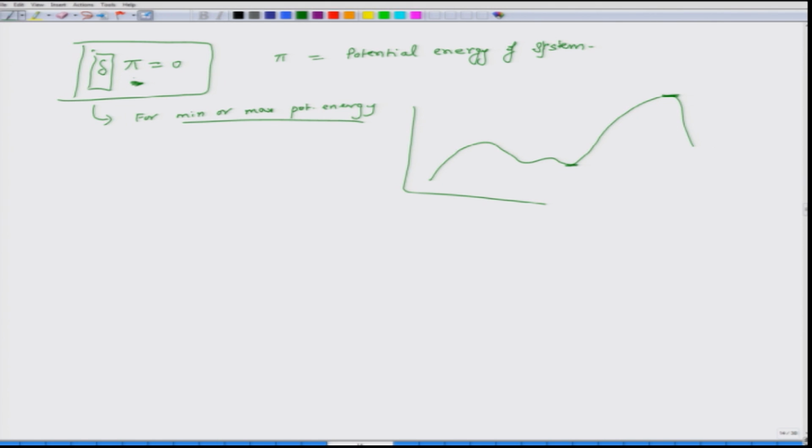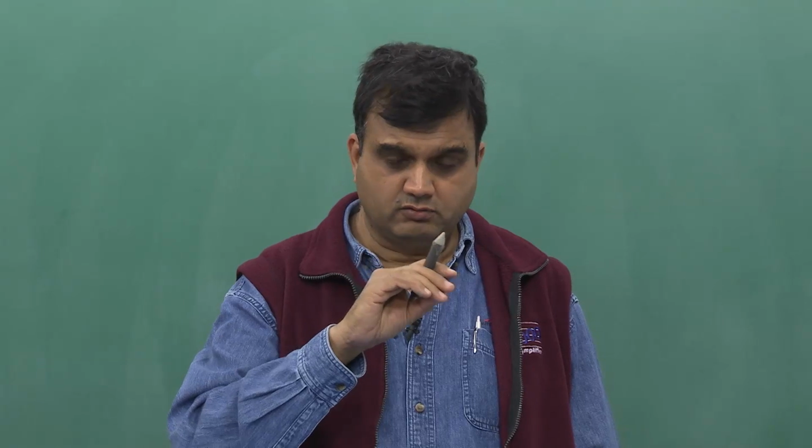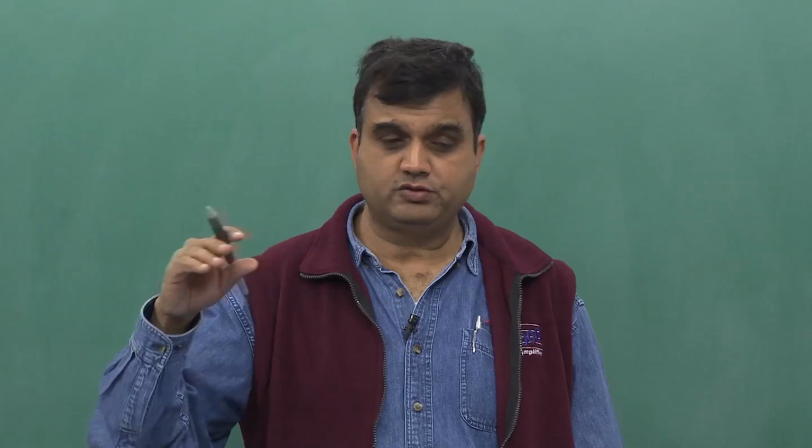So, if we use this criteria, what does this mean? That the potential energy of the system will be at its minimum whatever variations we take. And how do we get these variations?